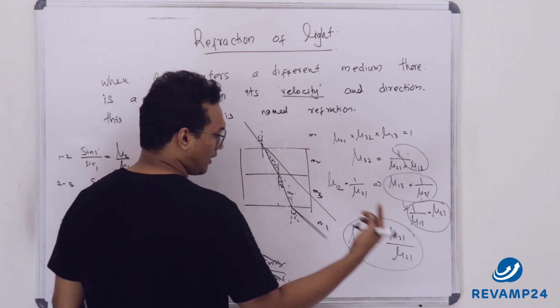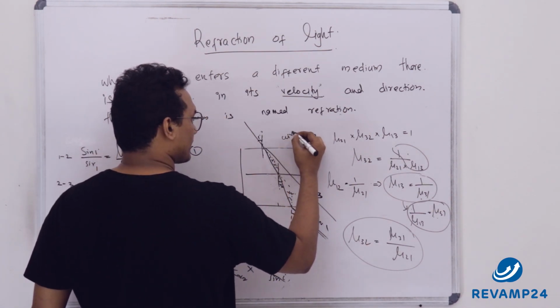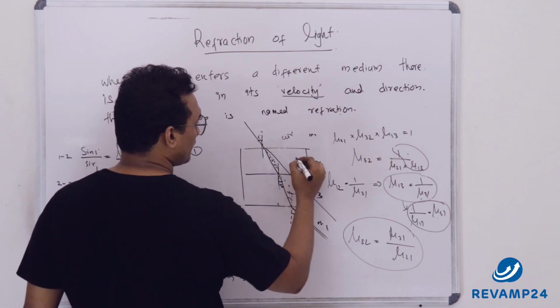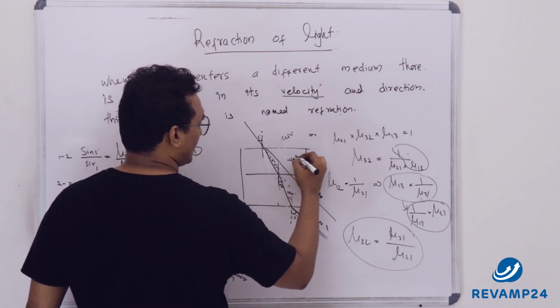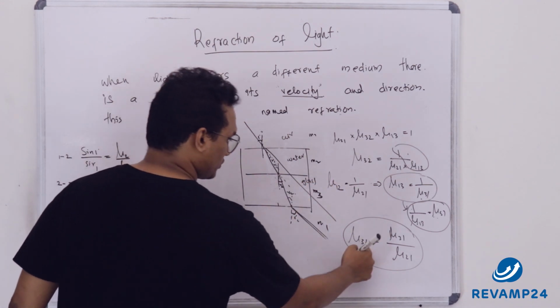So this I would take with an example. Let's say this is air, this one is water, and this one is glass. What is mu32?